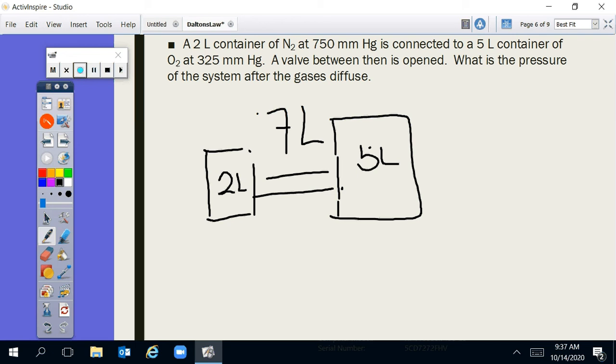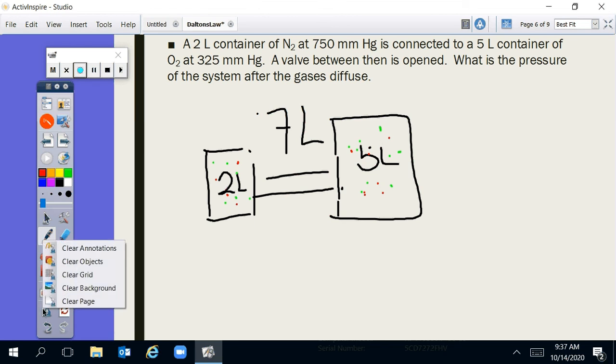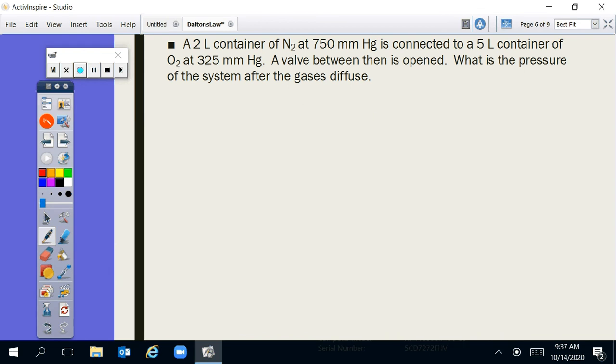If one of the gases is green and one is red, the gases are in both containers, so we have a total of 7 liters. If we want the pressure of the whole system, the first thing we have to do is find the new partial pressure of nitrogen and the new partial pressure of oxygen at this new volume.